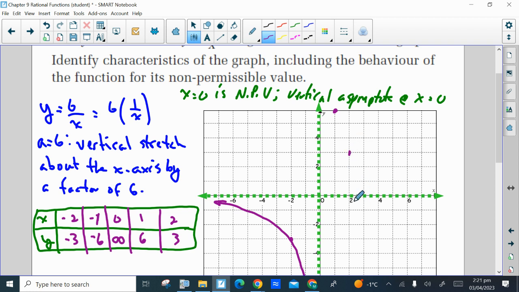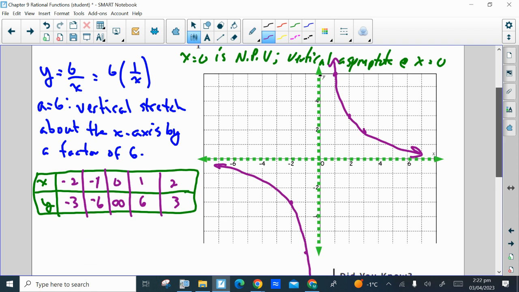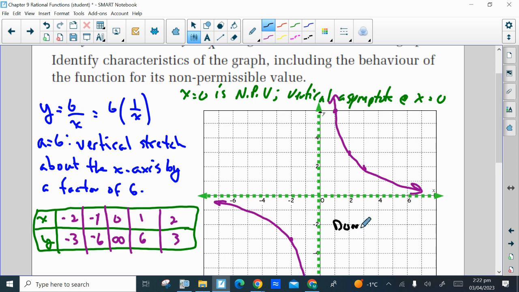If I wanted to, I could also put the point 3, 2, because 6 divided by 3 is 2. So again, this gives us another arm or branch of that graph. And that's what it looks like. The domain and range will not change here. The domain, all values of x such that x cannot equal 0, but otherwise all other real numbers.